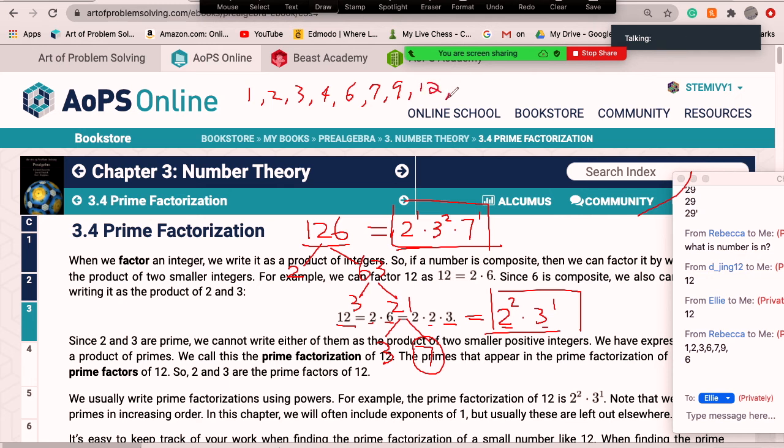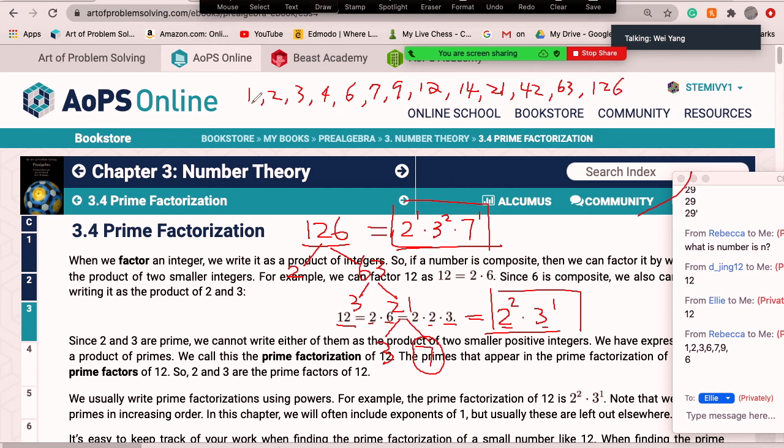12, then 14, then 21, then 42, then 63, then 126.